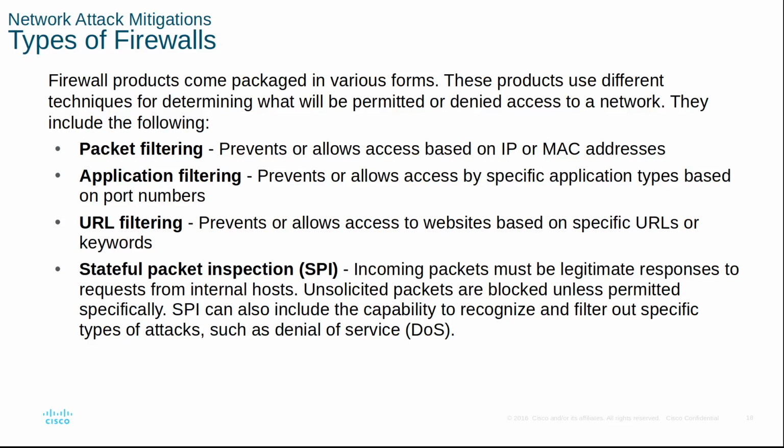So this allows or prevents access based on an IP or MAC address. Application filtering. This will allow you to prevent or allow access based on port numbers. We talked about port numbers earlier. This is why they're important. URL filtering, so you can prevent or allow access to websites based on specific URLs or keywords.